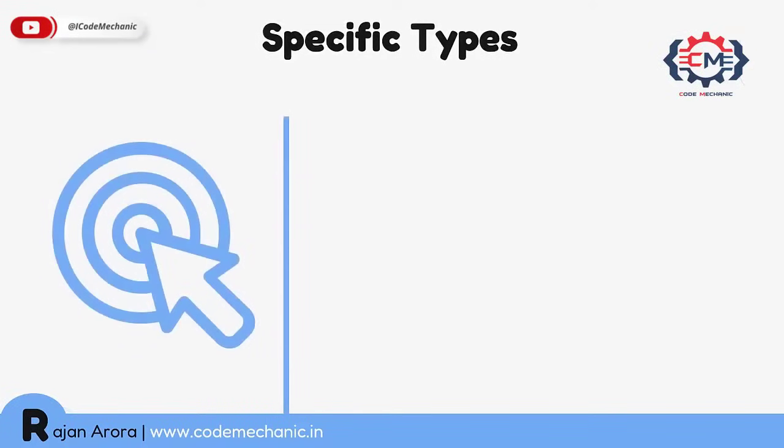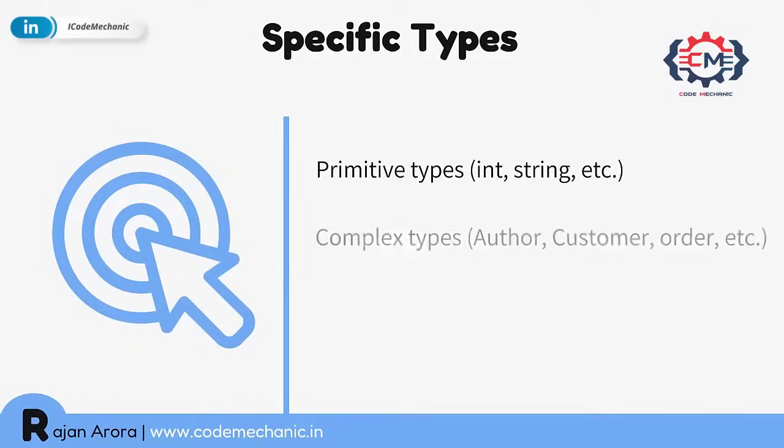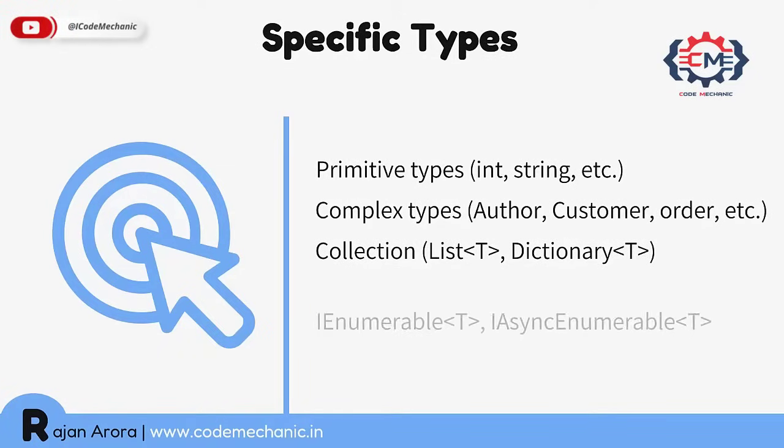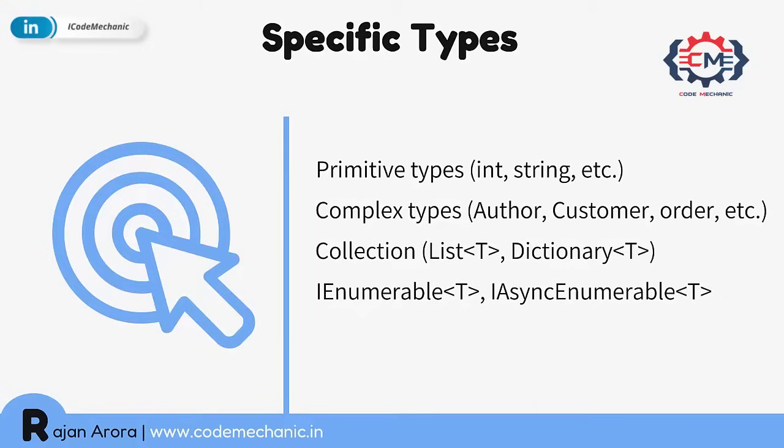Specific types can be primitives like integers or strings. They can be complex types like data transfer objects representing an author, customer, order, etc. They can of course be collections like lists, dictionaries, arrays, or simply IEnumerables or even IAsyncEnumerables of type T if you prefer.